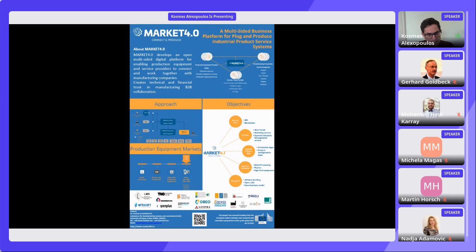And this is the key idea behind Market 4.0, which tries to integrate, in an open marketplace, both data sharing in a trusted environment, utilizing the industrial data spaces technology, and also providing the proper API and ICT infrastructure for additional digital tools to support the interaction between the supplier and the customer.